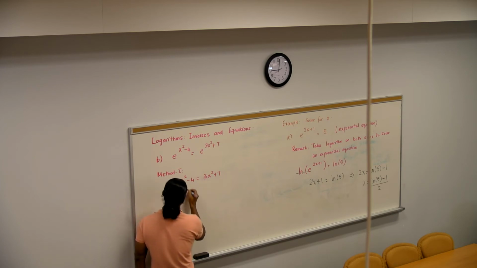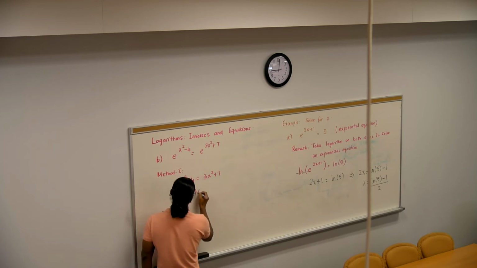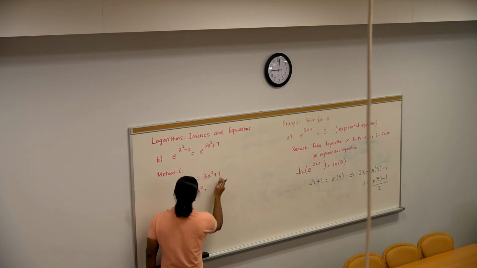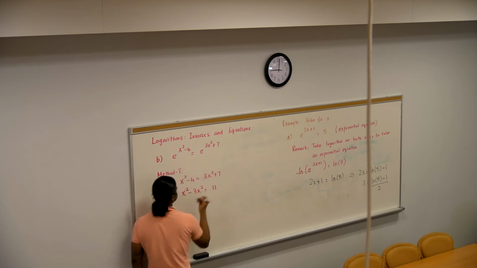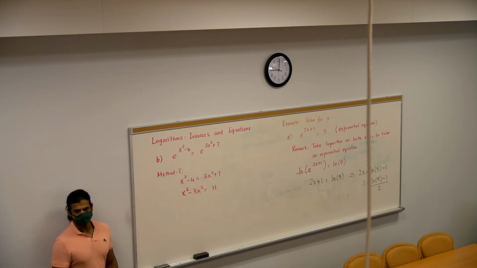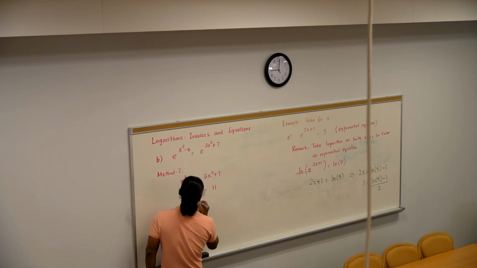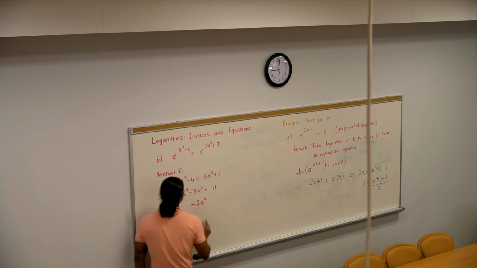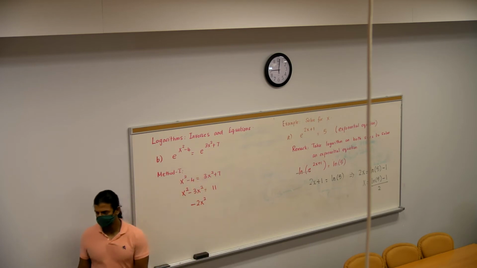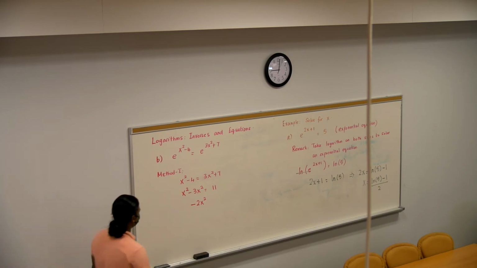So we would have x squared minus 3x squared would equal 7 plus 4, which is 11. If I move the 4 to the other side, I'll get 11. x squared minus 3x squared would be equal to 11.